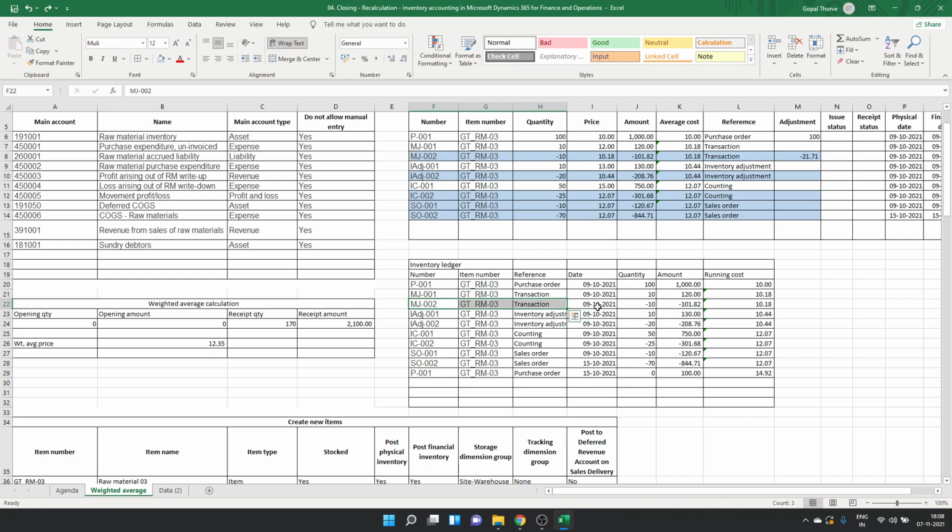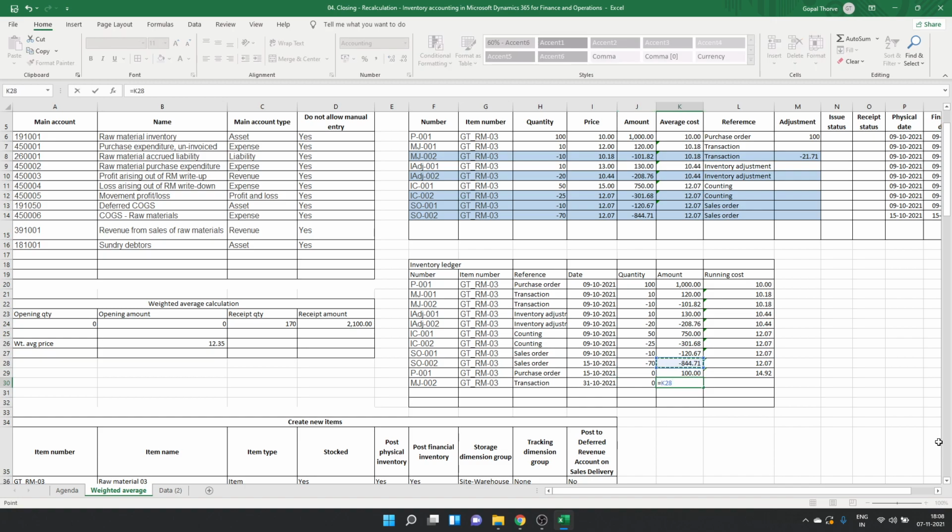Okay, now let's assume I'm closing my inventory as on 31st of October 2021. Here the date is in DDMMYYYY format. So with reference to that particular transaction, the system will post the difference of this minus the already posted cost here.